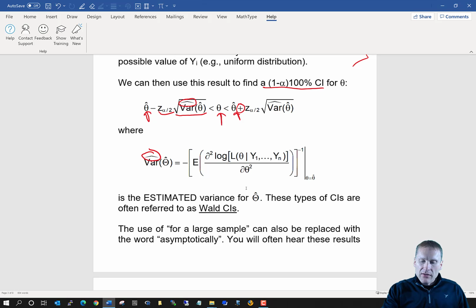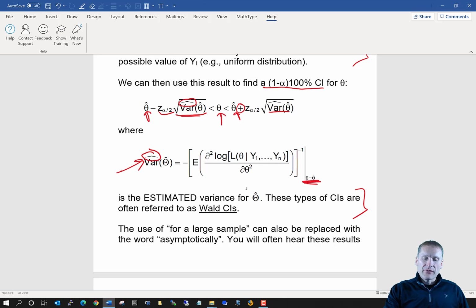This little notation says, let's evaluate this expression where, wherever you see a theta, plug in a theta hat. Now I can actually compute this confidence interval because it will only be functions of sampled values. So again, when I have a hat on top of the variance, that means it's the estimated variance. Wherever you see a parameter, you stick in its corresponding parameter estimate.